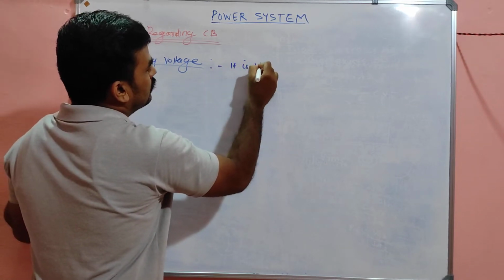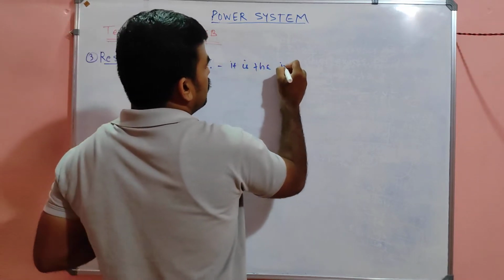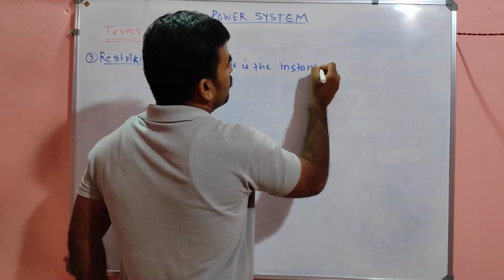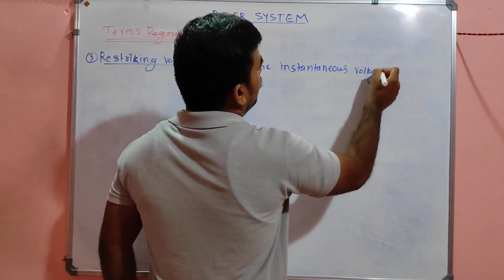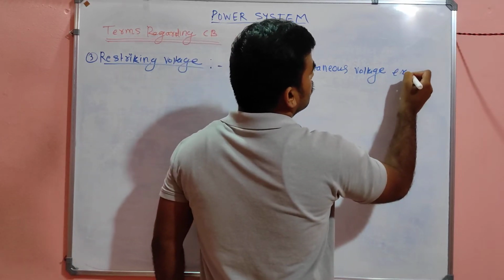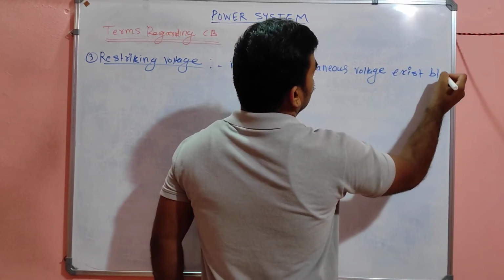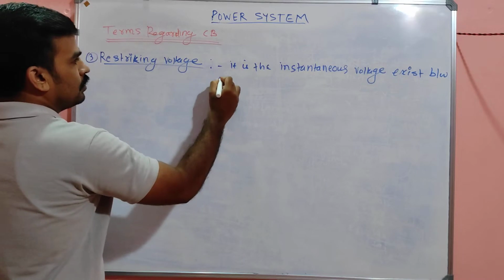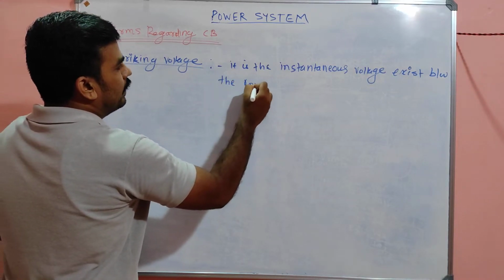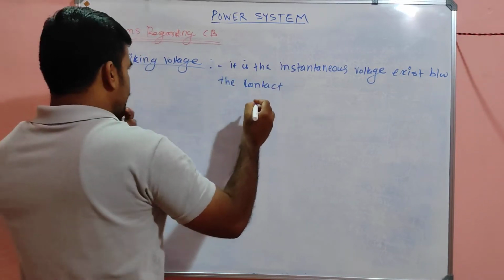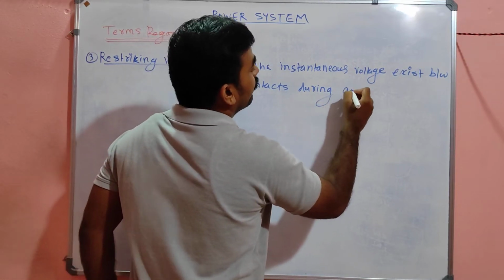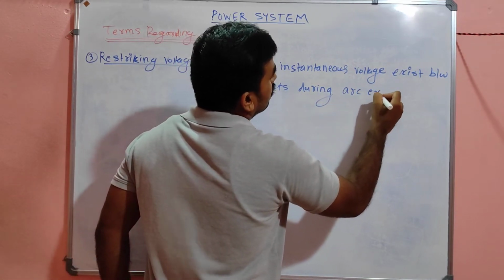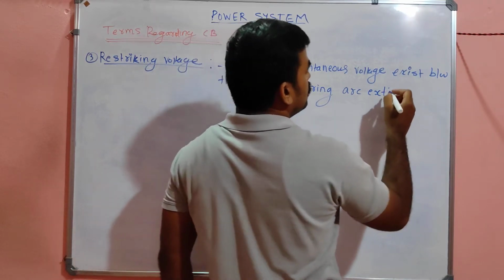It is the instantaneous voltage that exists between the contacts during arc extinction or interruption.